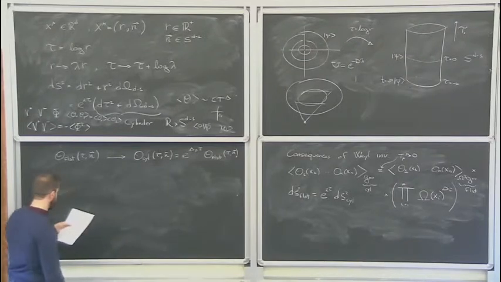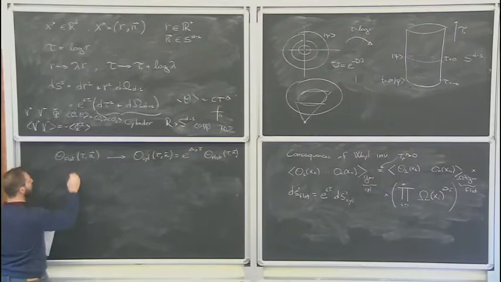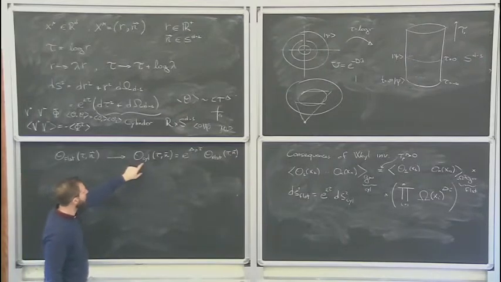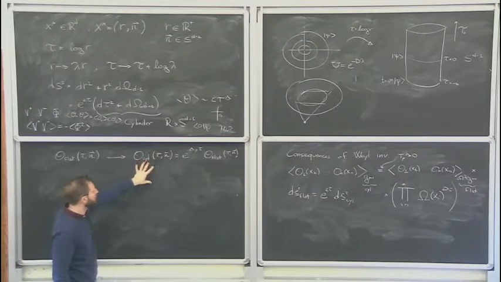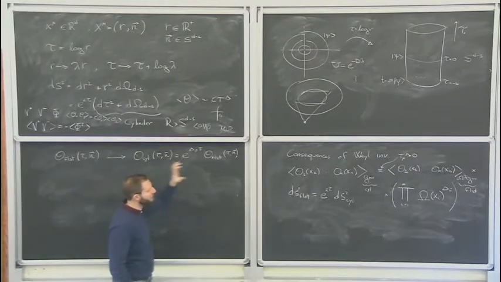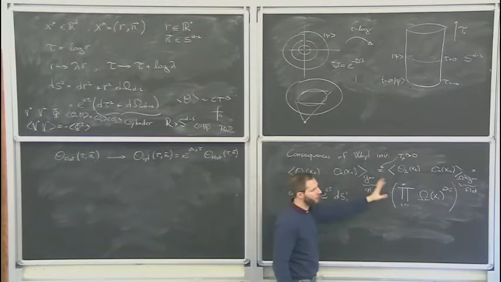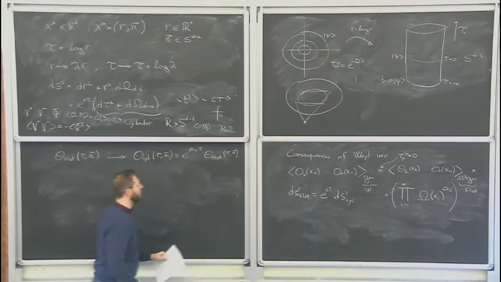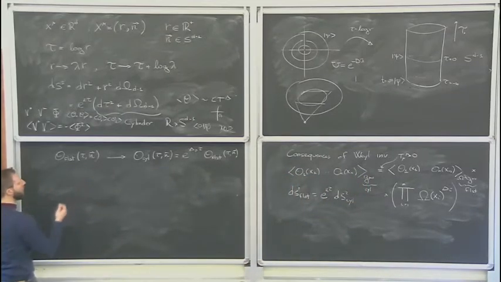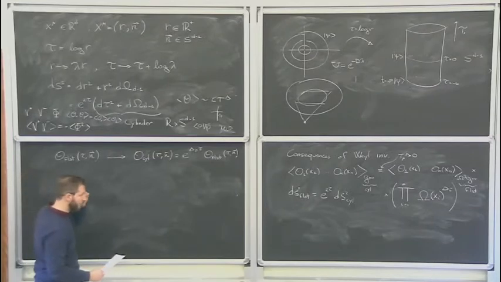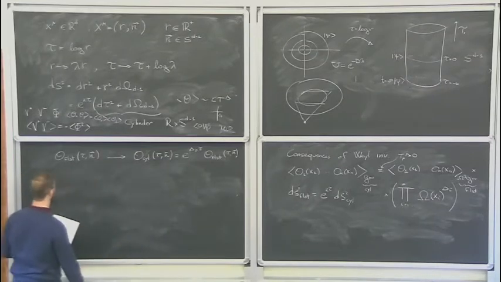And so the nice thing is that if I compute correlation functions of this quantity on my original spacetime, they correspond to computing correlation functions on the cylinder of the same operator, and vice versa.